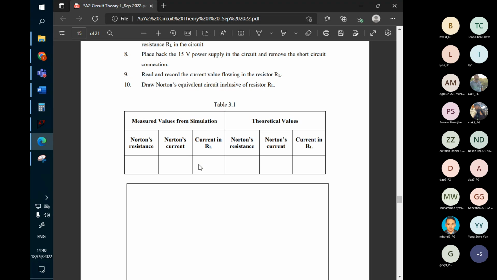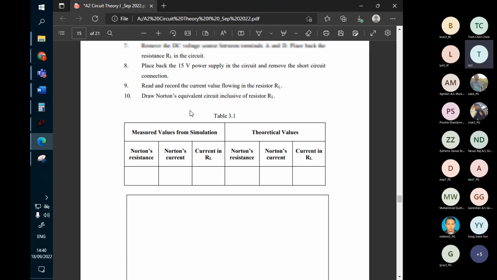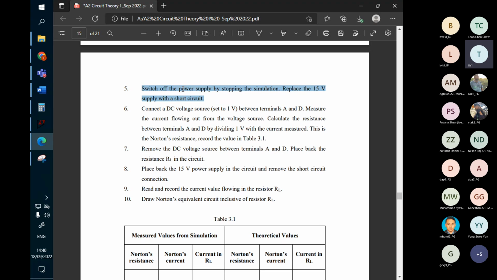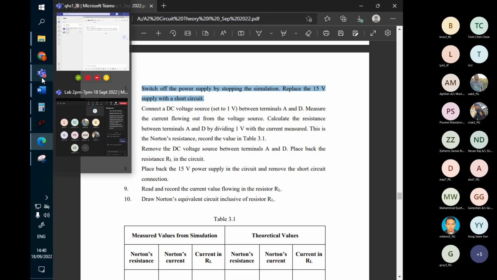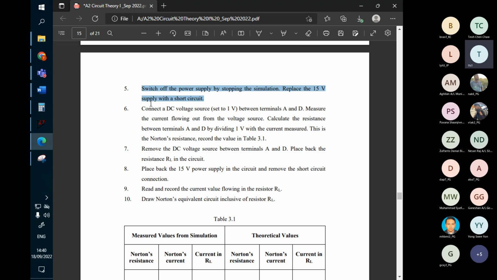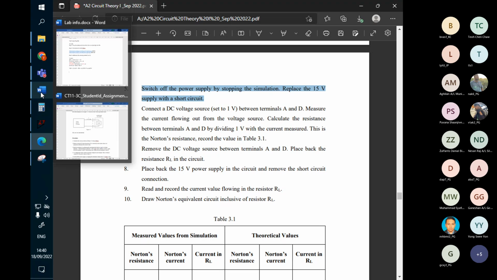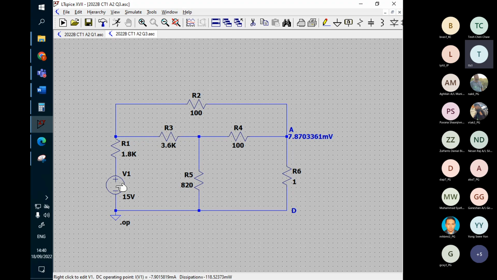Okay, so I think the next step should be this one. Let's see whether it's correct or not. Switch off the power supply by stopping the simulation. Replace the 15 volt with a short circuit. Okay, just follow step 5 here.